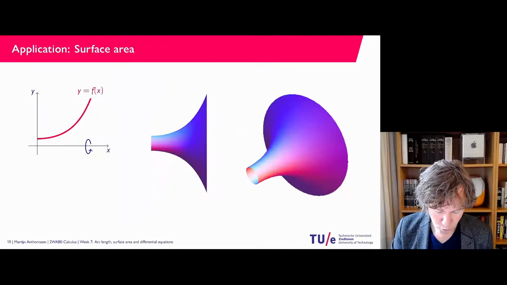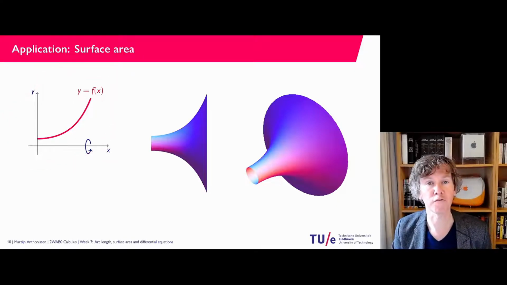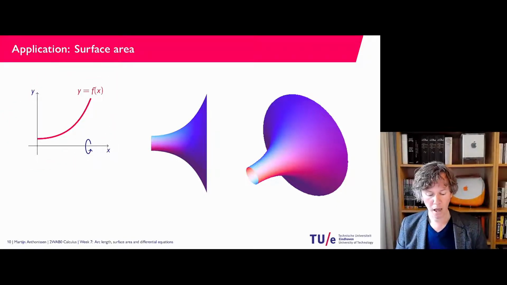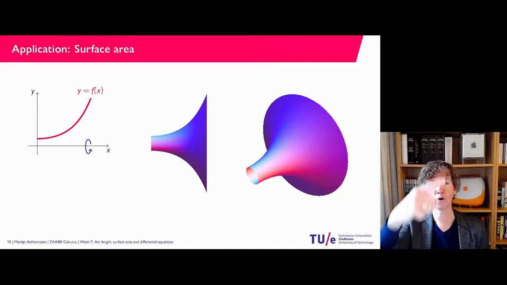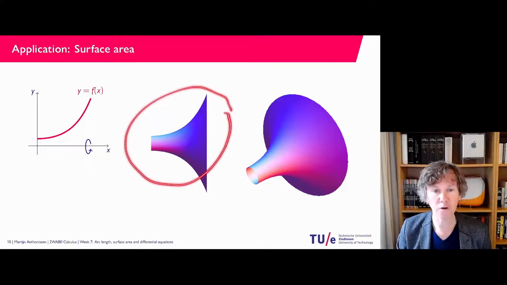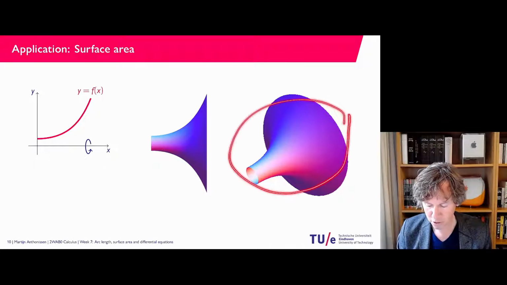So what we are going to do is take a function like here. So we have a function y is f of x, and let's say that it's positive, so it's above the horizontal axis. And now we are going to rotate it around the horizontal axis. So we're going to swap this around, and what we get is a shape like this. And if you change the viewing point a little bit, it is a shape that looks like this.